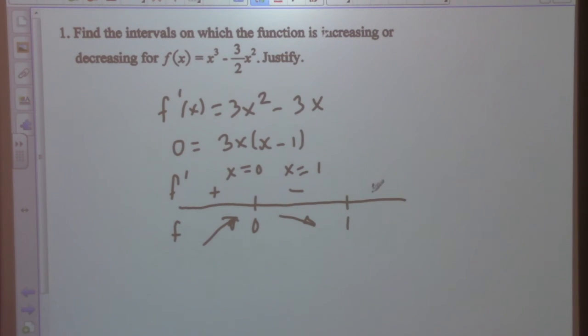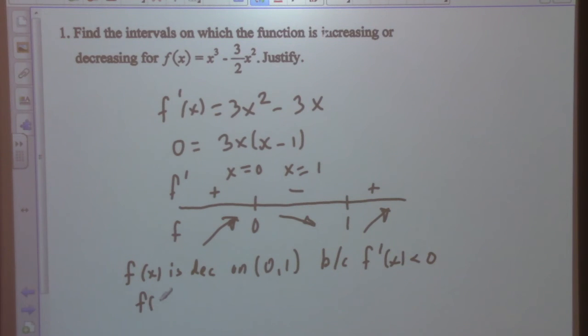And then greater than 1, we have positive, positive. So f of x is decreasing on which interval? Decreasing from 0 to 1, because f prime of x is less than 0.